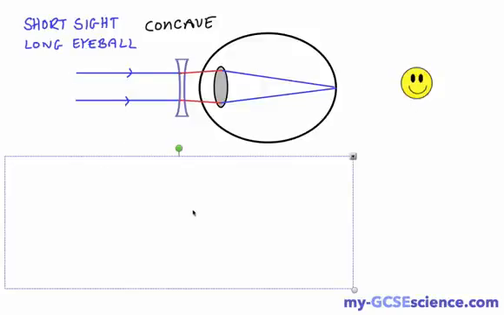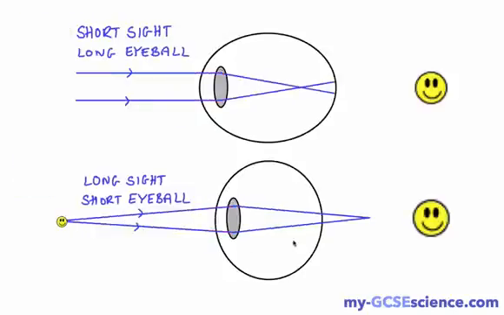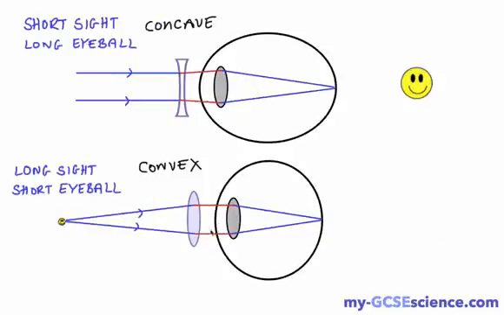With long sight, we don't use a concave lens, we use a convex lens. So we use a convex lens, and that will then, rather than cause the image to be focused behind the retina, cause it to be focused exactly the right place, just by helping the eye lens along with bringing the light rays closer together.